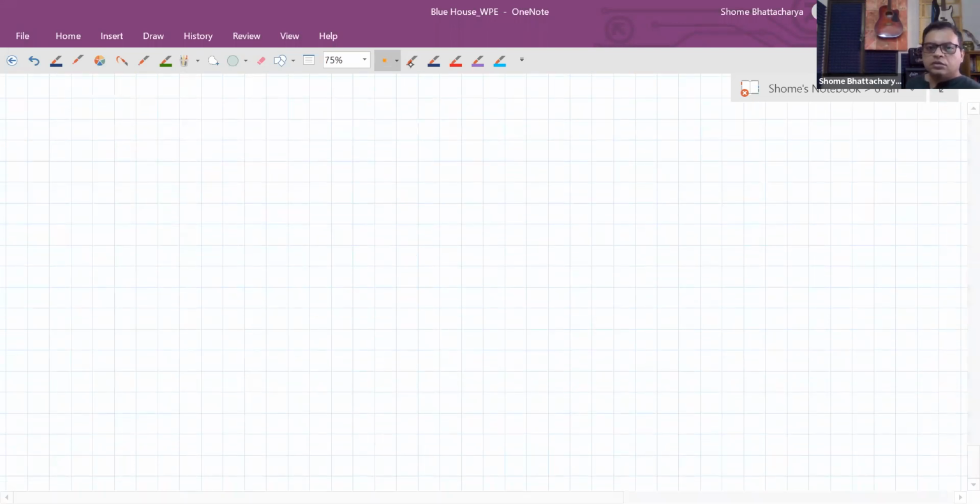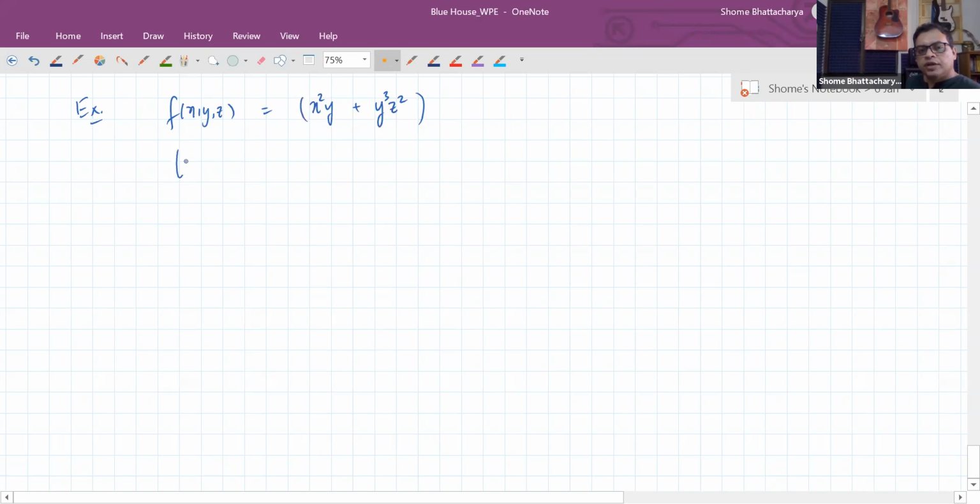Okay, so let's pick this up. For example, suppose we have a function like this, and we want to find the gradient of this function. So this is how we'll do this question.